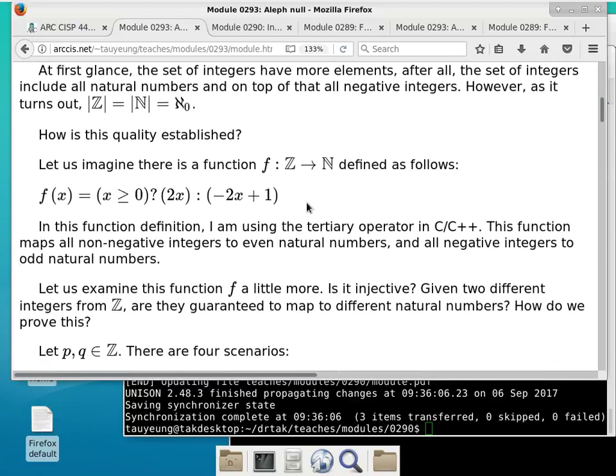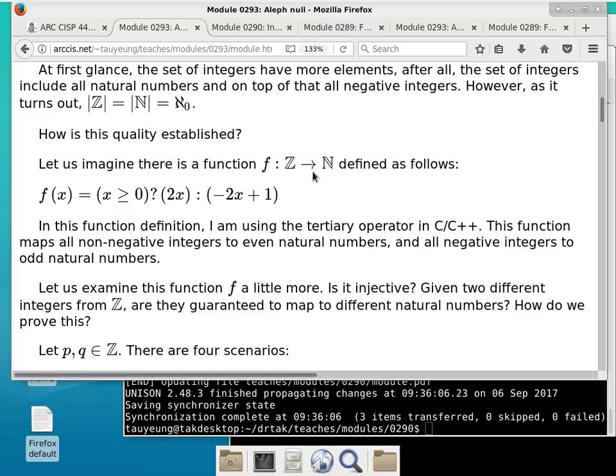But not only do we find a way to map it, we also find out that this particular mapping is bijective. What does that mean? It means if you give me any integer, I will find the natural number corresponding to it. If you give me any natural number, I can tell you what integer maps to that natural number. Since it's a one-to-one mapping, it is bijective.